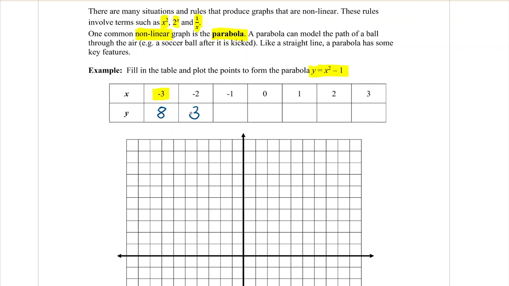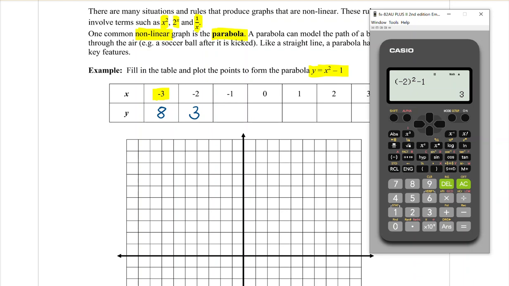Don't be shy. All you're doing is backtracking in here, and changing that minus 2, and you now want it to be a minus 1. Press equals, what do you get? I'm not showing you. You've got to type it in.